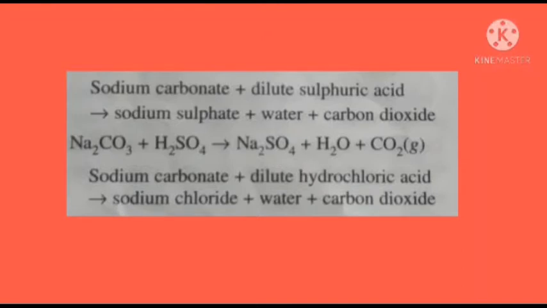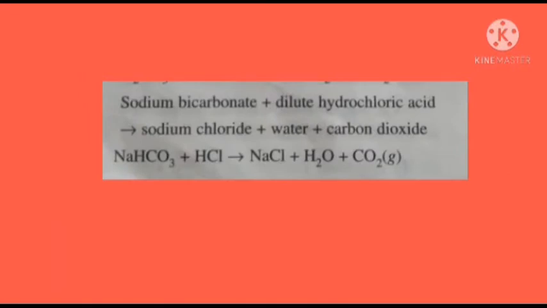The next example is for dilute sulfuric acid. Sodium carbonate reacts with dilute sulfuric acid and forms sodium sulfate, water and carbon dioxide. Sodium bicarbonate reacts with dilute hydrochloric acid and gives sodium chloride, water and carbon dioxide.